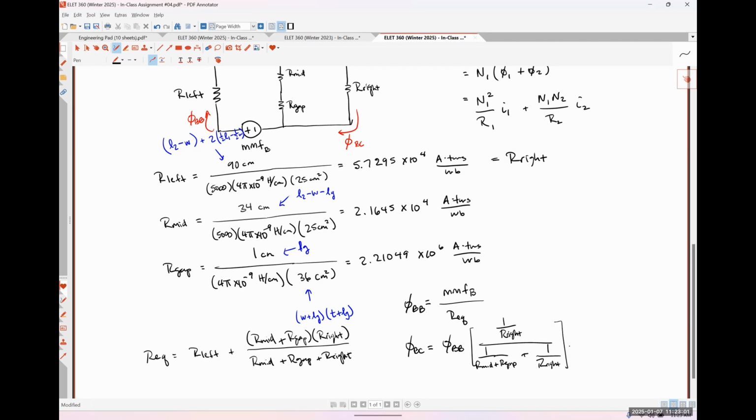That's a little gross. So instead, I'm going to express that ratio as phi BB times R mid plus R gap. My penmanship is getting away from me.